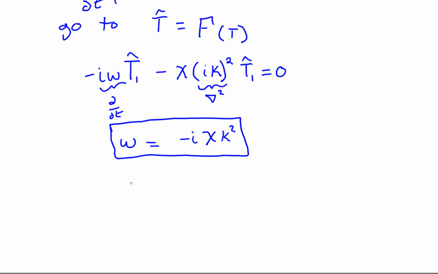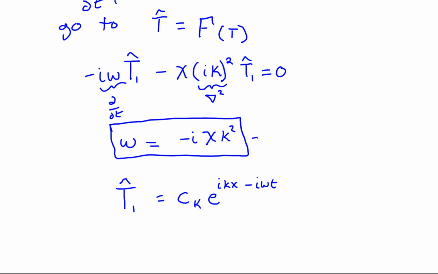Is that surprising to us? Well, let's take a look for a moment at what this implies for T1 itself. If we consider our T1, our coefficient space fluctuation, this particular Fourier component has some c sub k, some coefficient for its given k. It's got an e to the i kx, that's its spatial eigenfunction, times e to the minus i omega t.